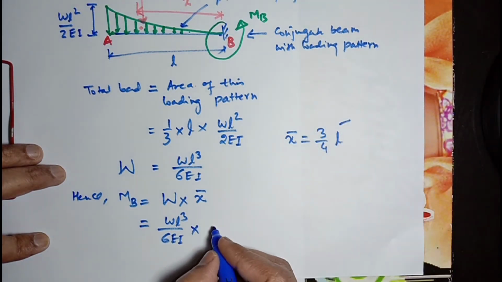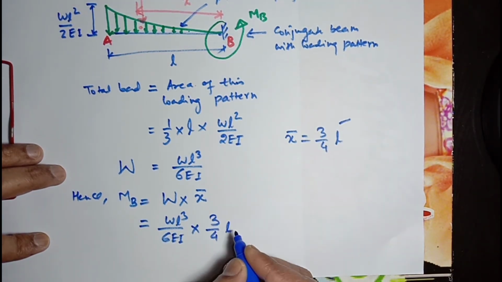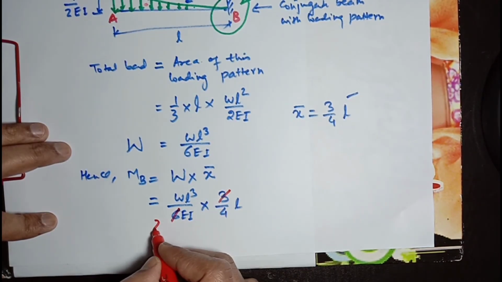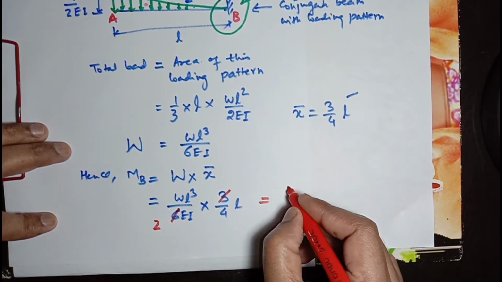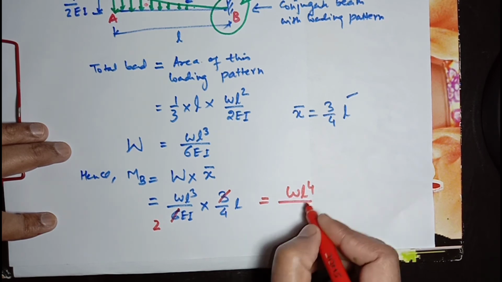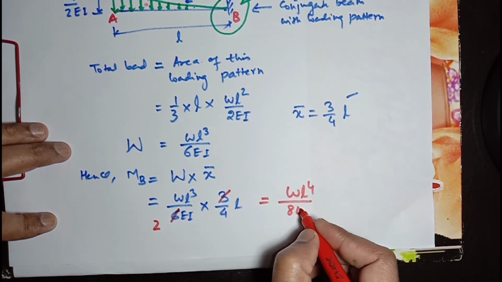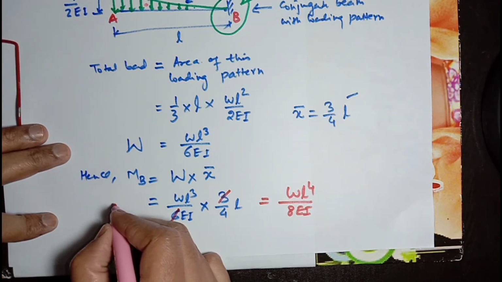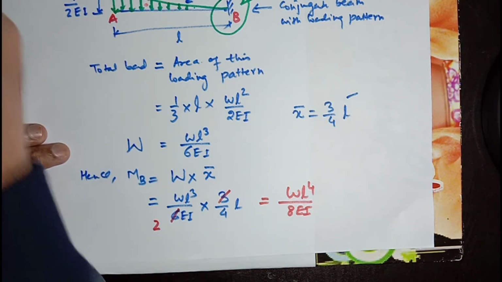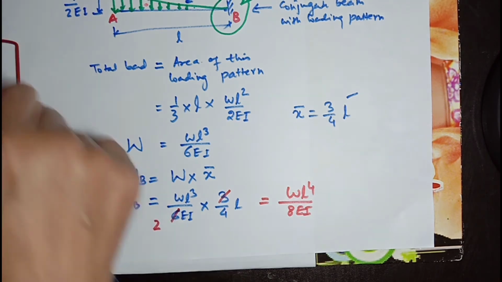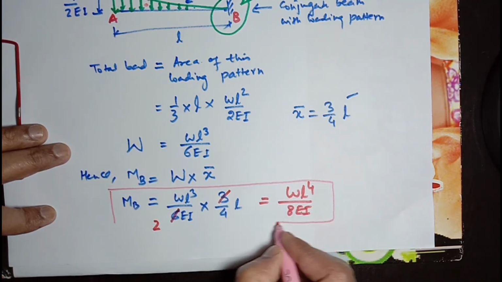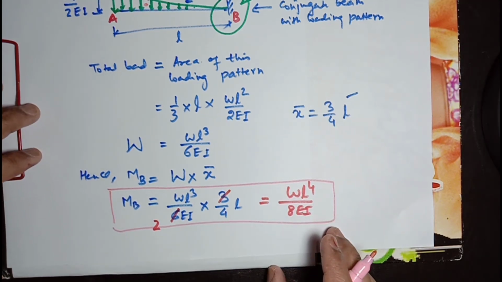X bar is 3 divided by 4L. Now 3 divided by 6 will be 2, and its value will be WL to the power 4 divided by 8 EI. This is the value calculated for MB.